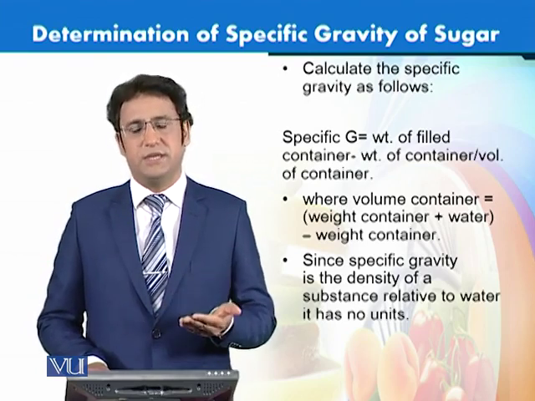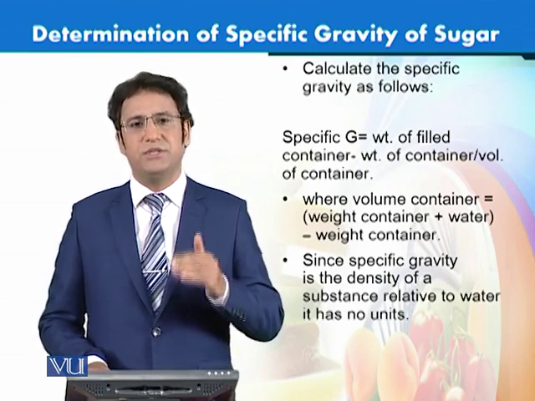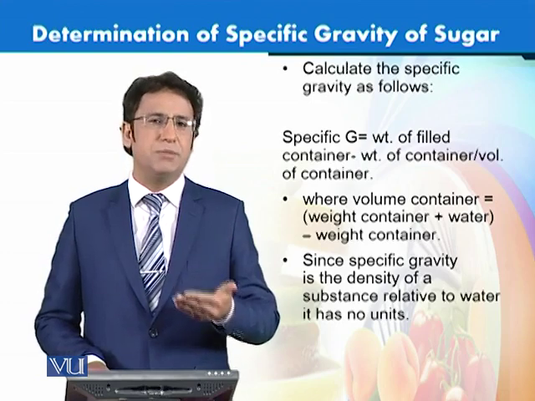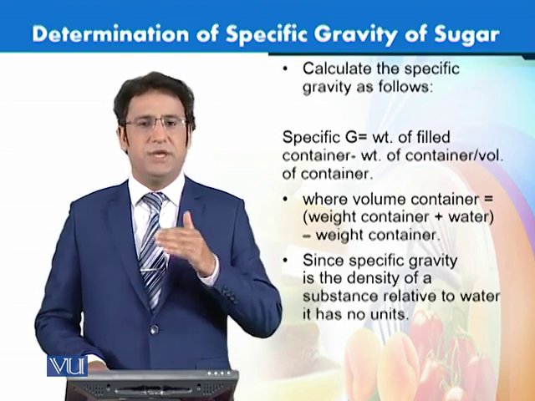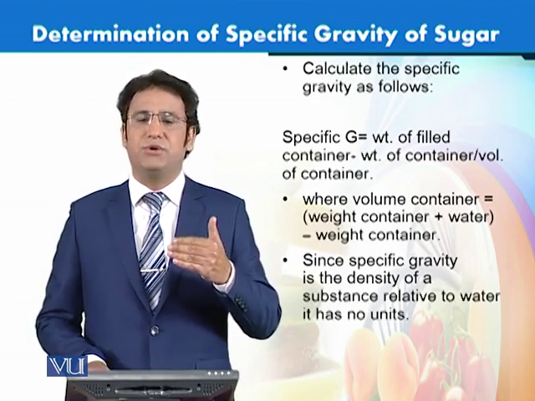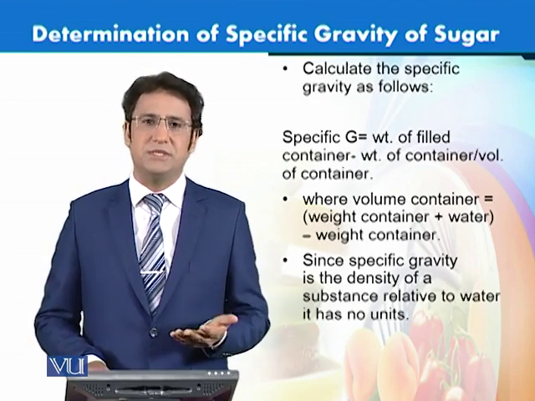As I said earlier, it is the ratio of the density of any food to water, and density is expressed as gram per centimeter cube, but because this is a density ratio, we don't have any unit, so it is only expressed in numbers.